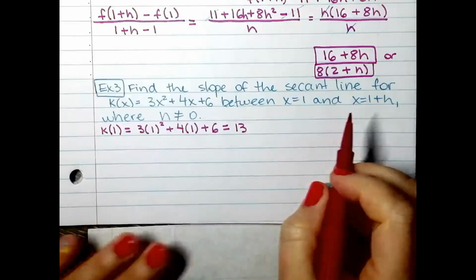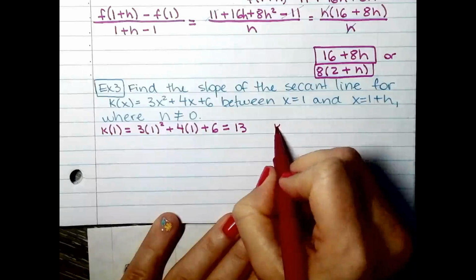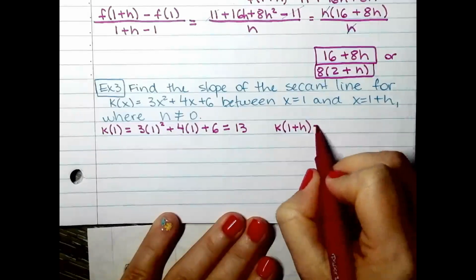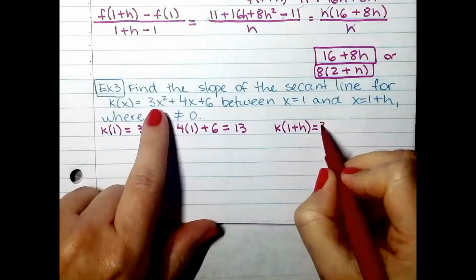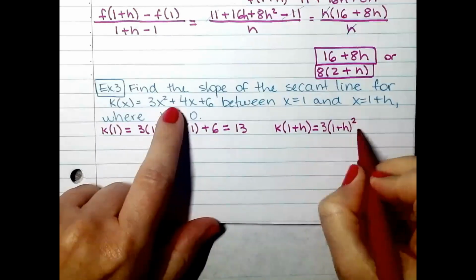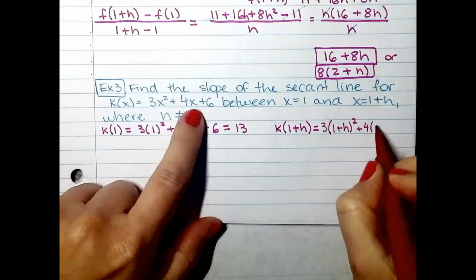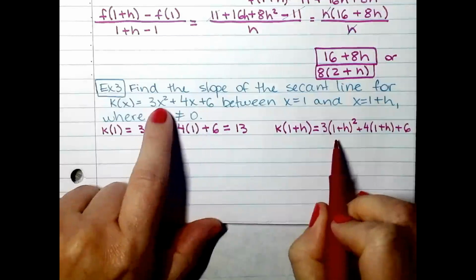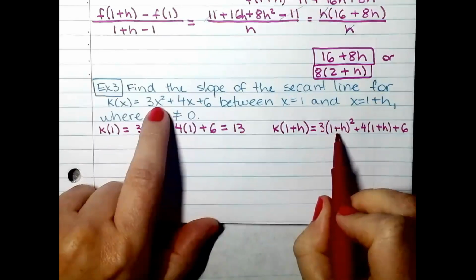Okay, so right here off to the side, k of 1 plus h. So 3 times (1 plus h) squared plus 4 times (1 plus h) plus 6. Notice that every time I see x, I'm rewriting it as 1 plus h.